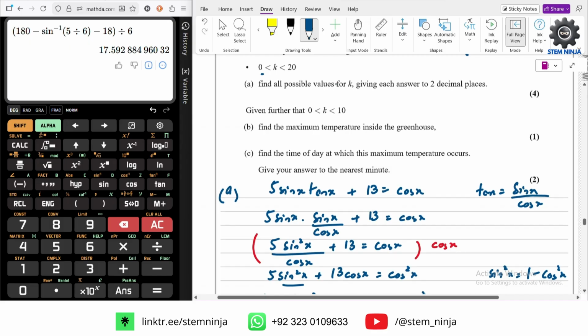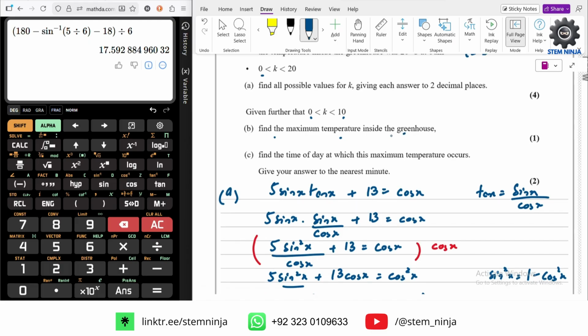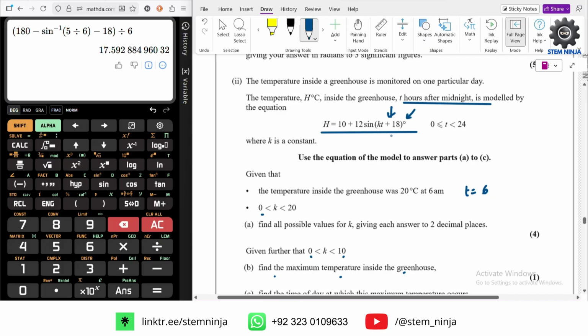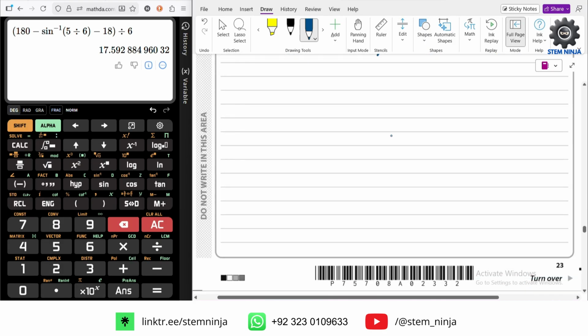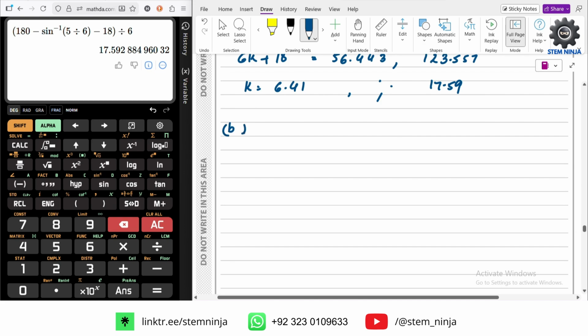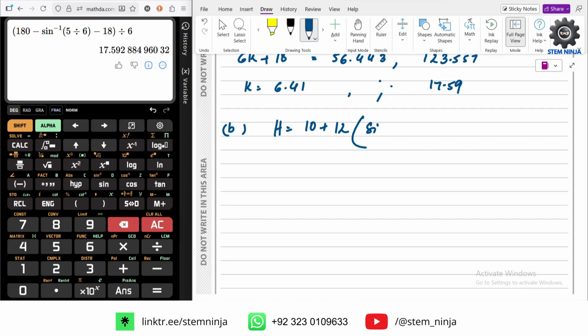Given that k is between 0 and 10, find the maximum temperature inside the greenhouse. Maximum temperature in the greenhouse. Okay, so we have H is equal to 10 plus 12 sine of (kt plus 18), right?